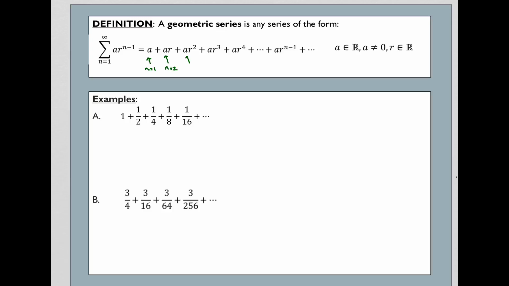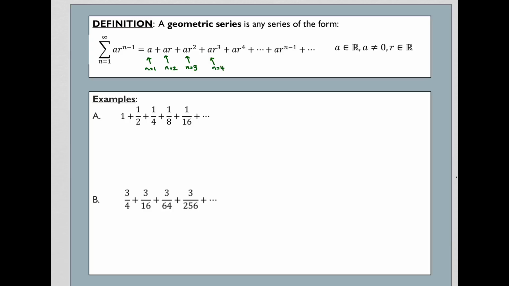In the third term, we're taking a times r squared. So it's a times r again. In the fourth term, we're taking a times r times r times r.